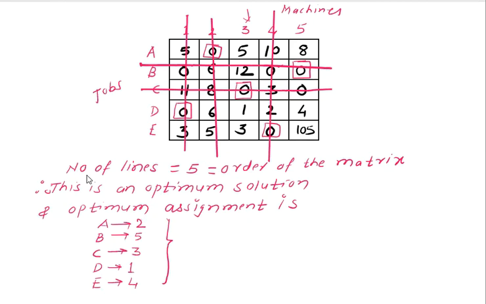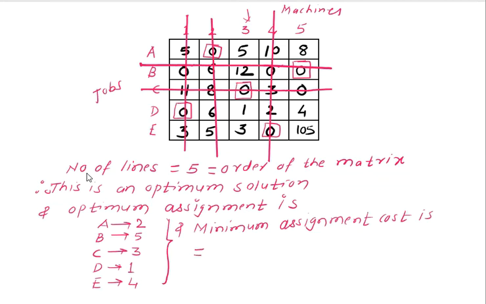So let us find the optimum assignment cost or minimum assignment cost. Now A is assigned to machine 2.